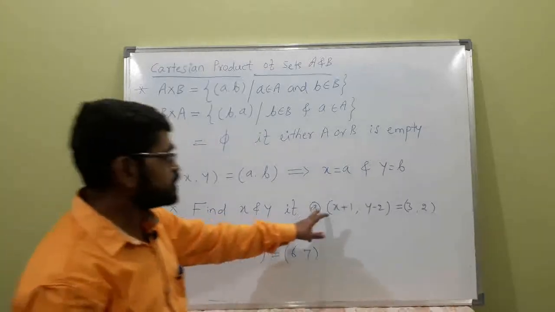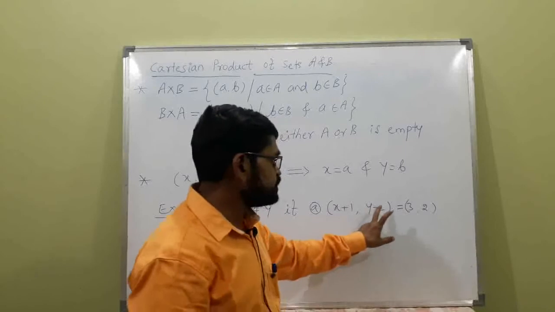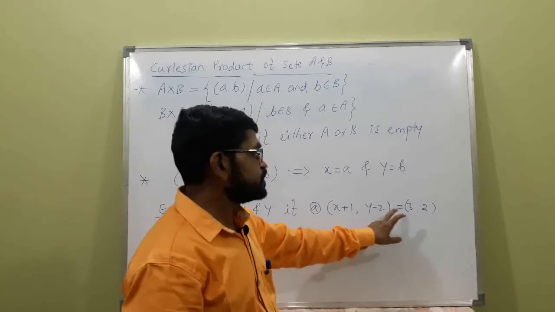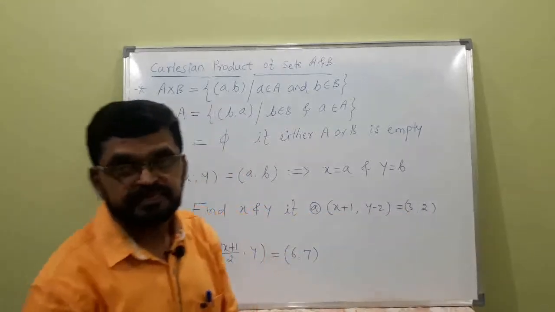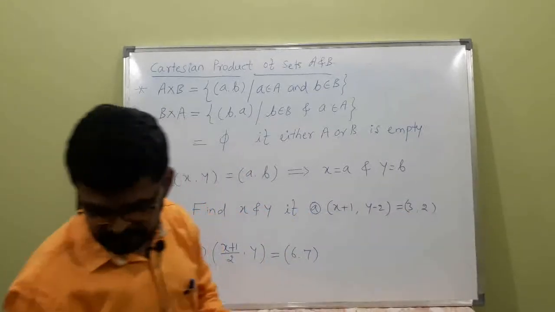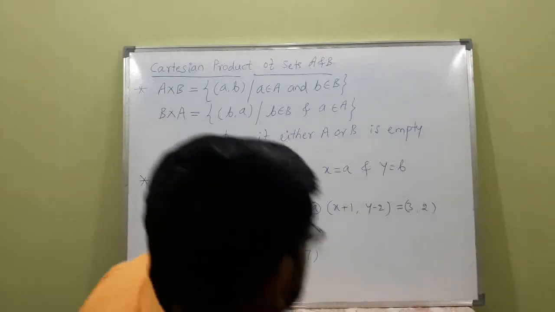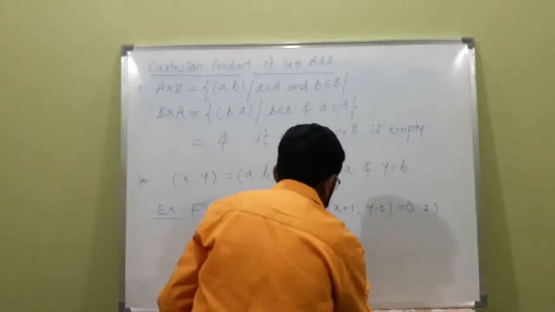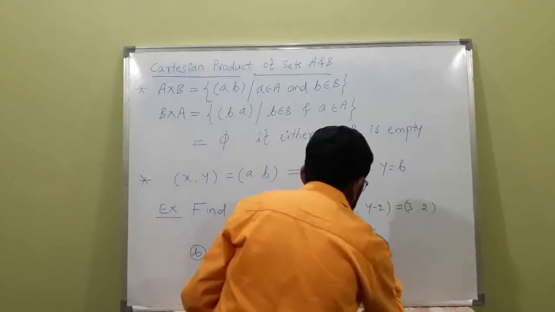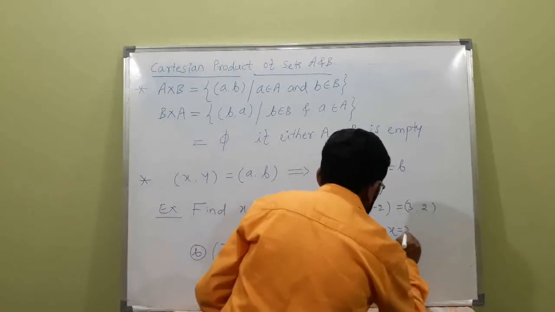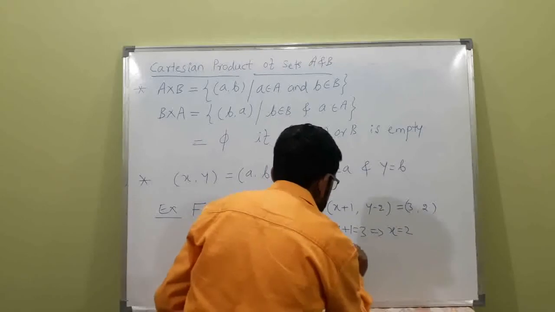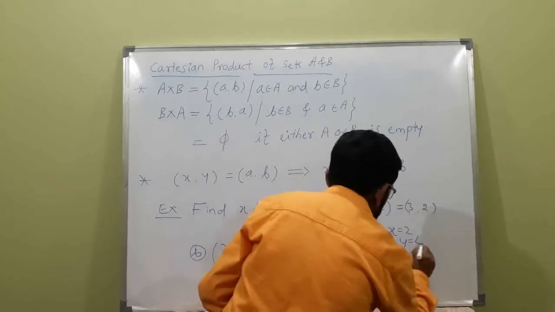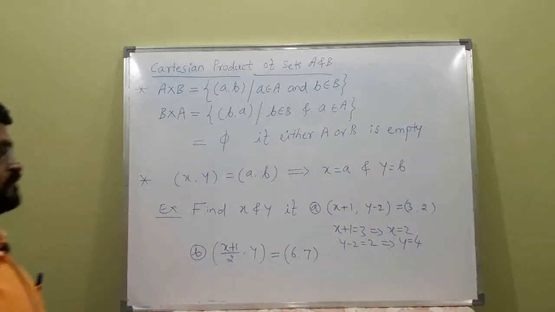If (x + 1, y - 2) is equal to (3, 2), that implies x + 1 is equal to 3, which implies x is equal to 2, and y - 2 is equal to 2, which implies y is equal to 4. So the values of x and y are 2 and 4.